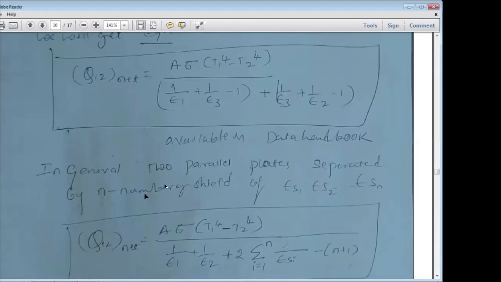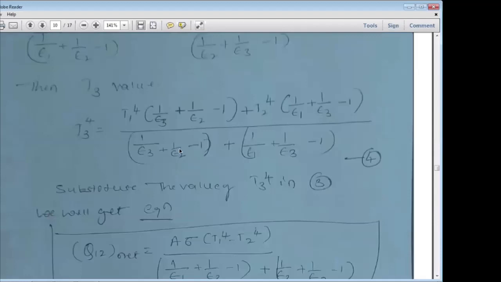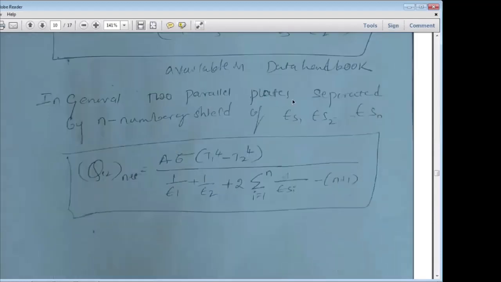In the derivation we took only one shield, but for n shields with emissivities epsilon S1, epsilon S2 up to epsilon Sn, where n is the number of shields inserted between the two parallel plates, the net heat exchange is A sigma, T1 raised to 4 minus T2 raised to 4, divided by 1 upon epsilon 1 plus 1 upon epsilon 2 plus the summation from i equal to 1 to n of 2 upon epsilon Si, minus (n plus 1).